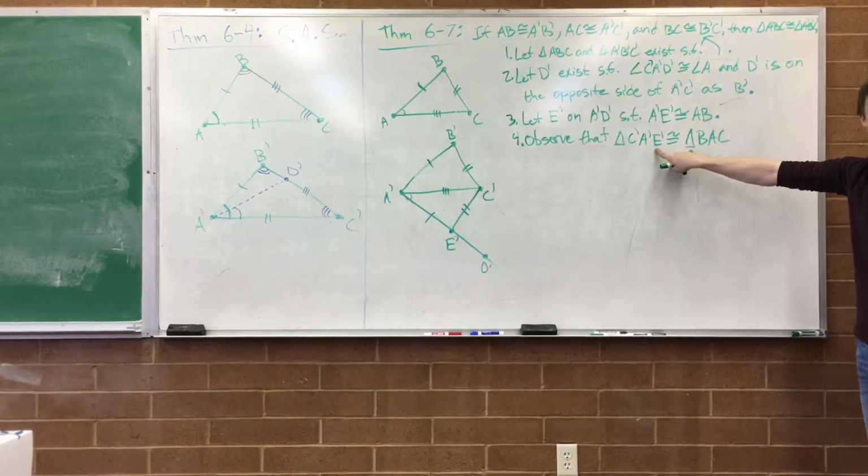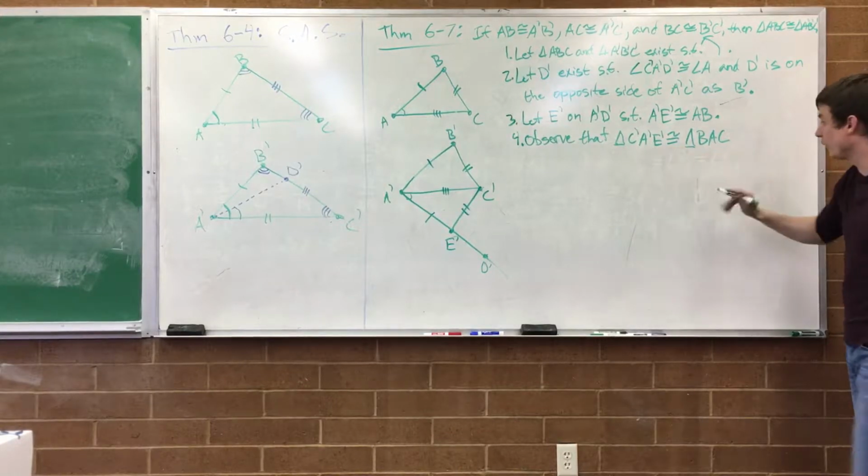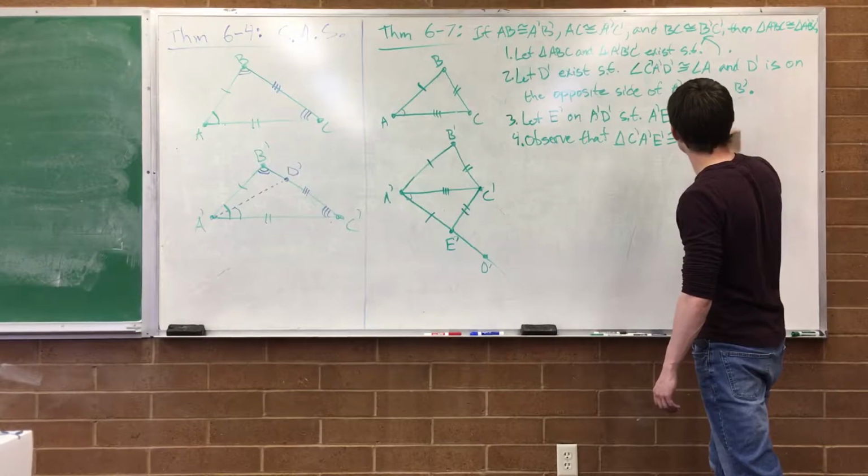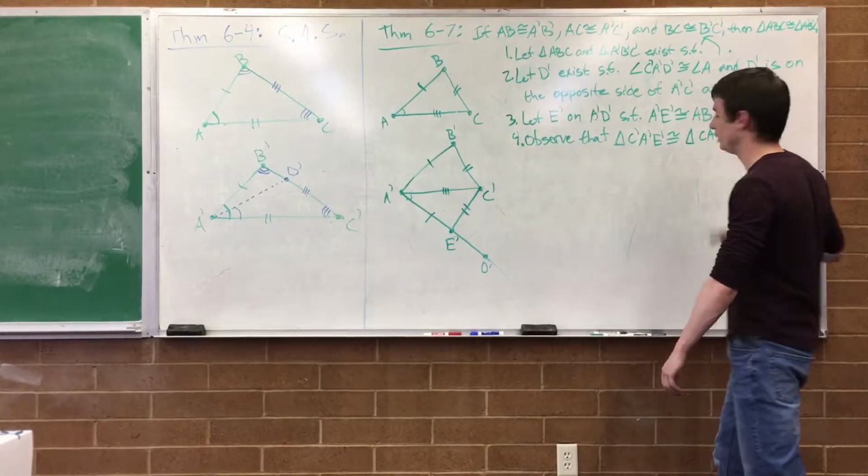Does everyone see that? Don't make me yell. What's wrong with that? Oh, everything's wrong with it. It's the wrong order. It's congruent to triangle CAB. That's what we know.